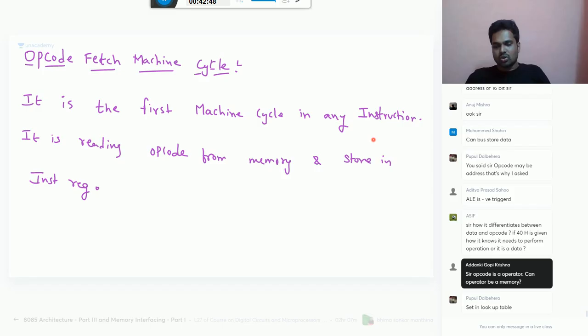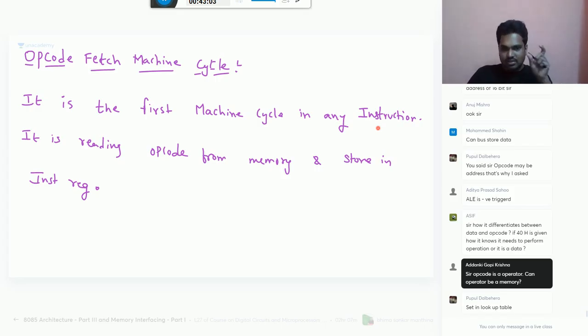Is it clear? So when the computer starts any instruction, whatever it reads first, it will read as opcode only. It is reading some data, it doesn't know what is there in the data, but it will treat it as an opcode and give it to the instruction register.